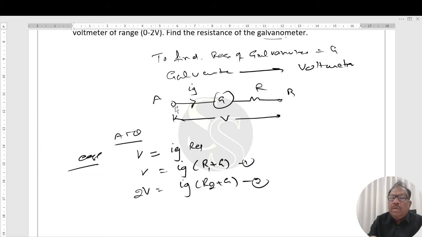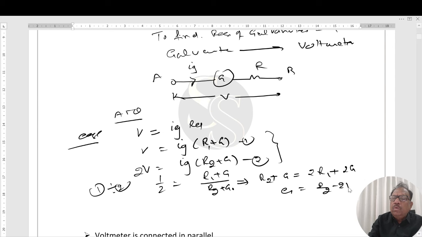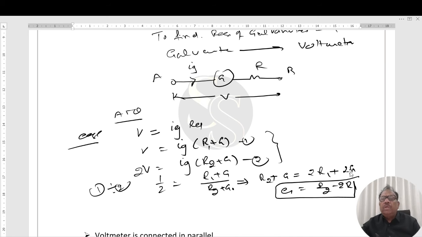Dividing 1 by 2, we get 1 by 2 equal to R1 plus G over R2 plus G. On simplification, R2 plus G equals twice R1 plus twice G. So G comes out to be R2 minus 2R1. R2 minus 2R1, that is the answer.